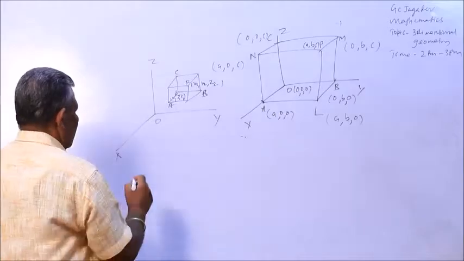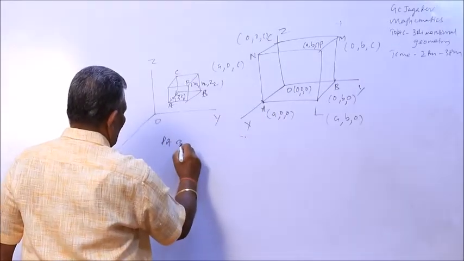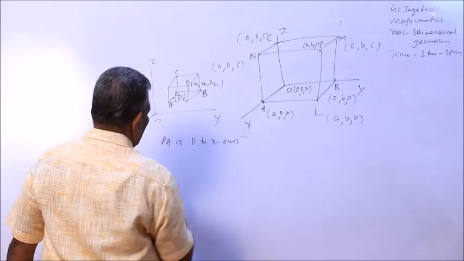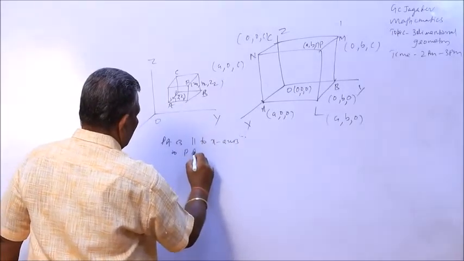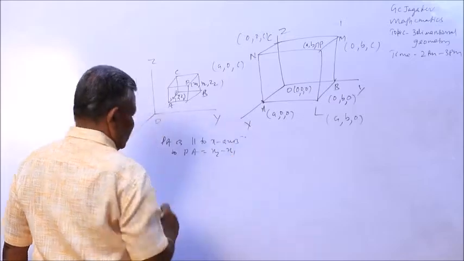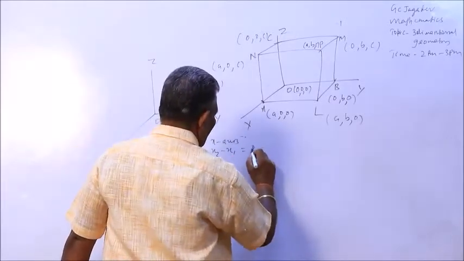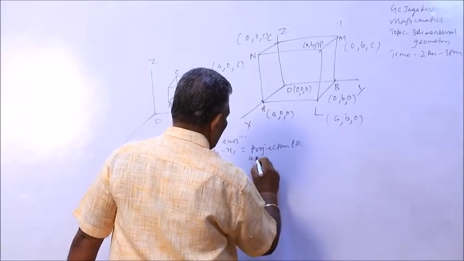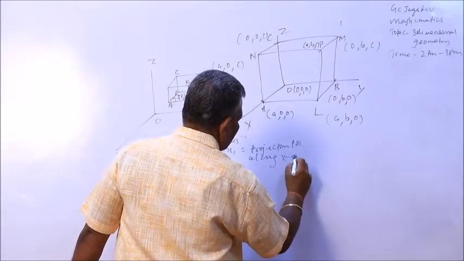Here PA is parallel to the x axis, so PA can be taken as x2 minus x1, which is the projection of PQ along the x axis.